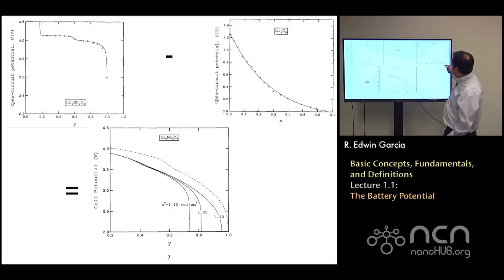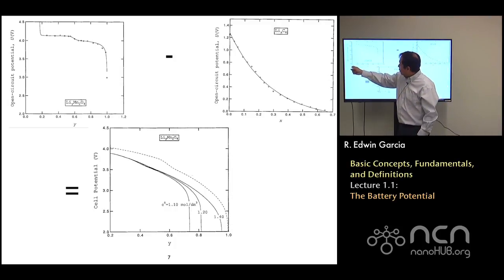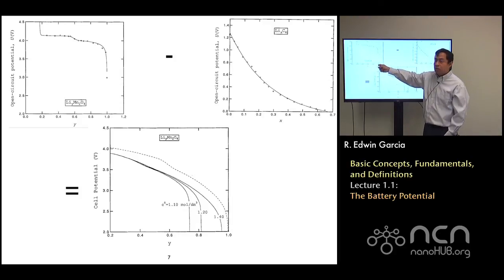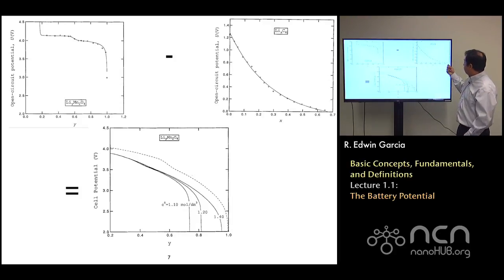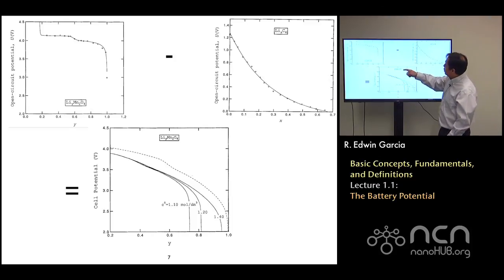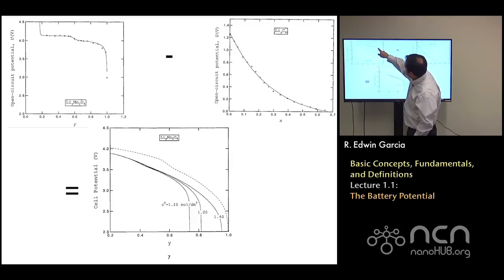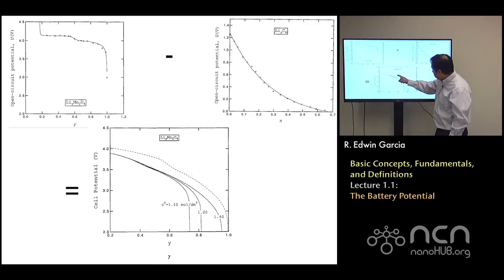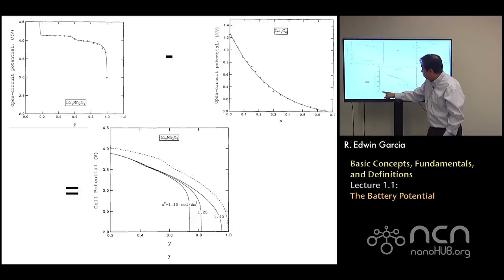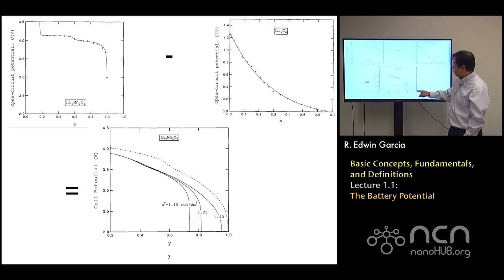As we go from left to right in the cathode during discharge, and the anode goes from right to left, this induces an additional voltage drop at the very end of the discharge sequence, forcing the voltage to drop to a value below 2 volts.